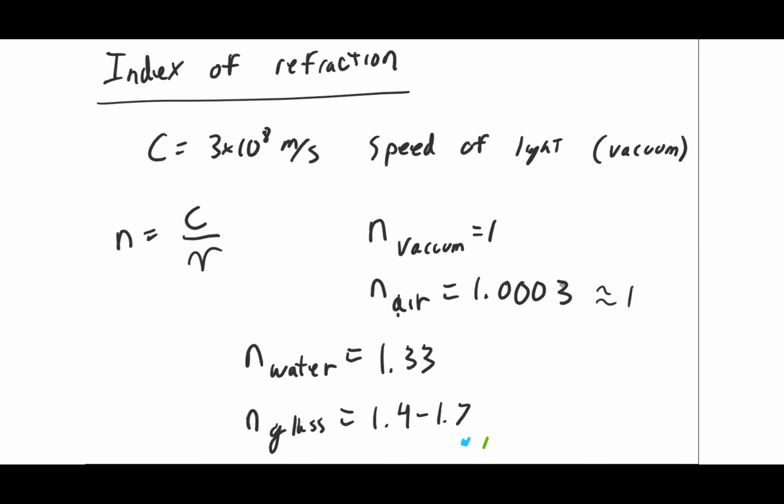And so in material, light could be traveling slower than the speed that we know and love. In the vacuum or in air, it's traveling at pretty much the speed of light. It is traveling slightly slower in air than in the vacuum, but it's very minor, so we typically don't worry about that. However, light does travel significantly slower in water and glass and plastics and other transparent solids. Those have indices of refraction that are significantly different from 1.